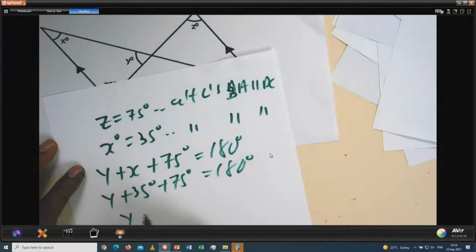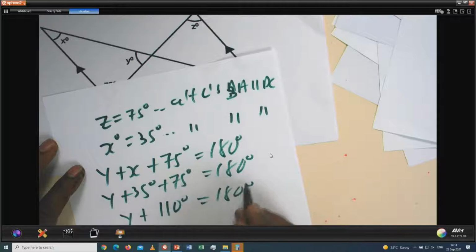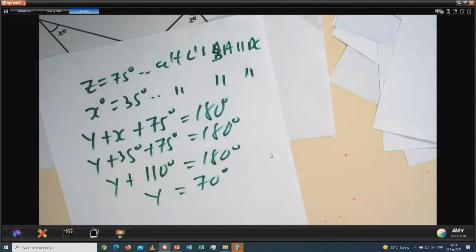Therefore, your Y plus 110 degrees equals 180. Therefore, your Y is 70 degrees. The relationship, the format, and the language.